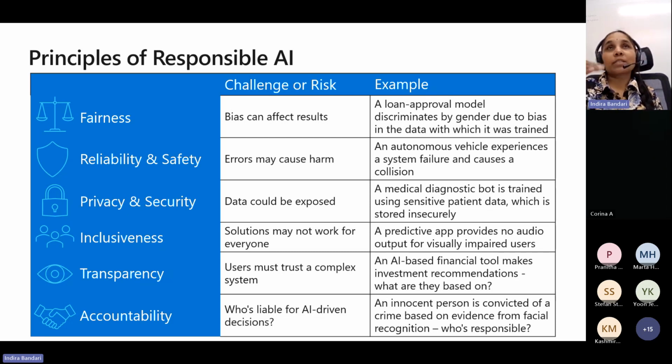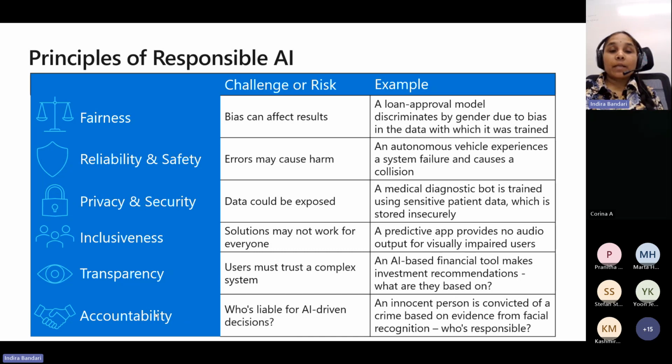Those principles need to be transparent. Otherwise, users will not use it, because they don't know what policies the investment recommendations are based on.